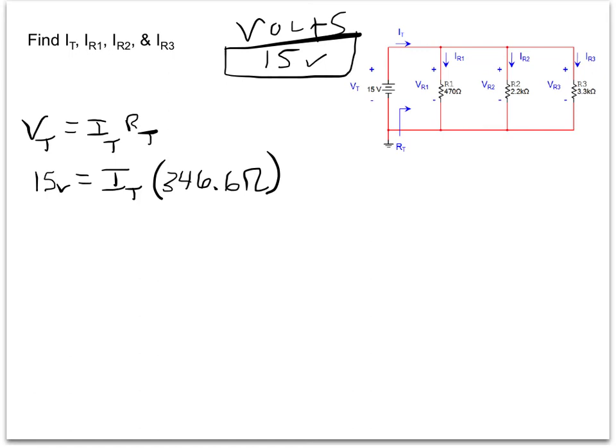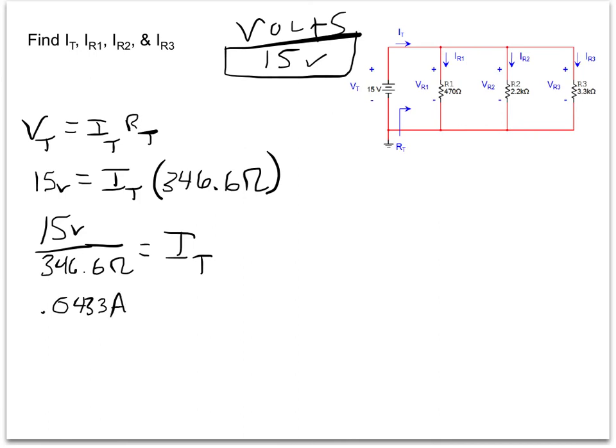And if you divide both sides by 346.6 ohms, to get our total current, using a calculator, it ends up being 0.0433 amps.